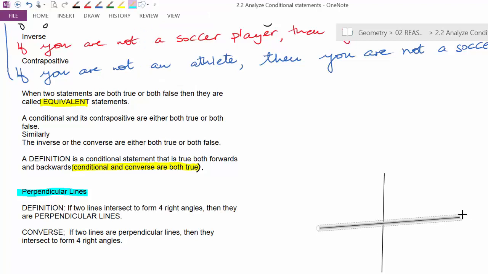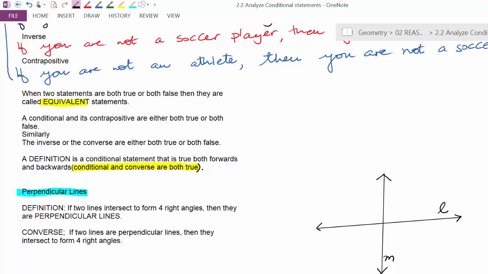Well, actually these are segments, but I can easily make them lines. If you remember, lines go on forever. So now we have two lines, and you can label lines with lowercase letters. I'm going to call them L and M. You already know you can use two capital letters, which are 2 points on the line, to label a line.